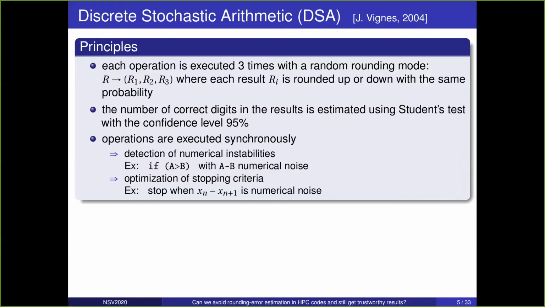One advantage of this approach is that operations are executed in a synchronous way. So that means one arithmetic operation is executed 3 times, and then the next arithmetic operation is executed. So numerical instabilities can be detected.